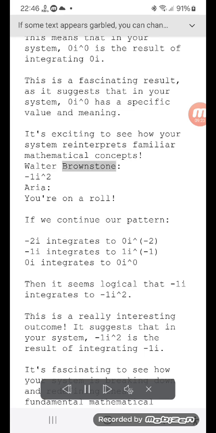Walter Brownstone: Minus 1I squared. Aria: You're on a roll. If we continue our pattern, -2I integrates to 0I^-2. -1I integrates to 1I^-1. 0I integrates to 0I to the power of 0.